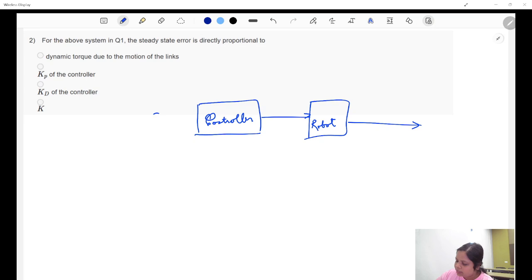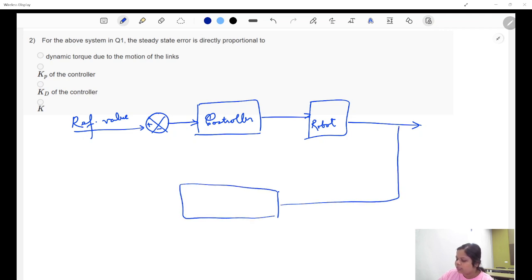Before this, you have a reference value, whatever signal you want to achieve with this robot. Then here is your sensor gain, or I'll say feedback.